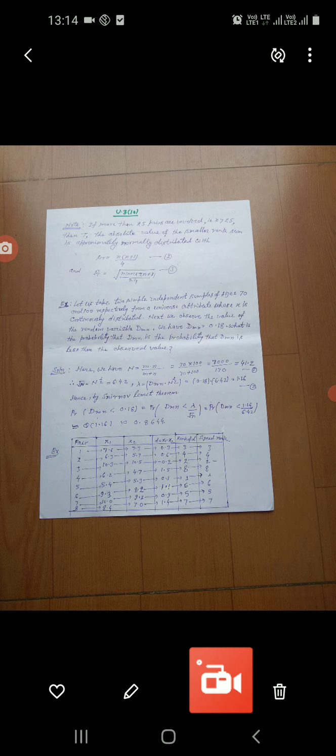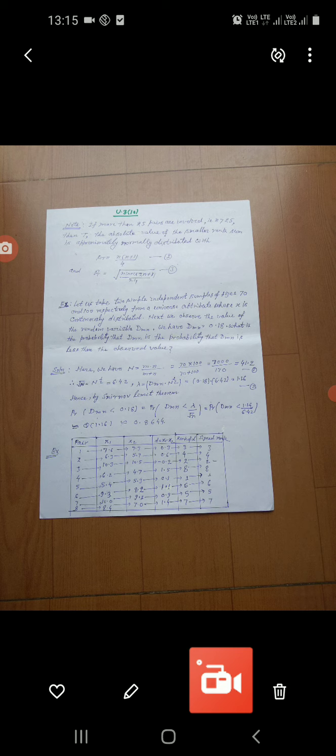We will discuss these examples one by one. First, we will discuss the example related to the Kolmogorov-Smirnov test.